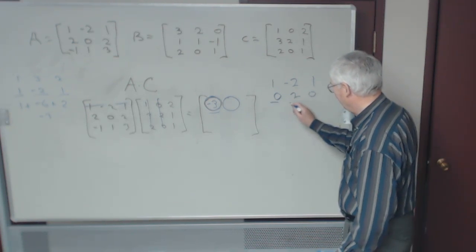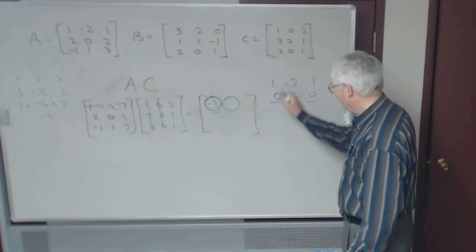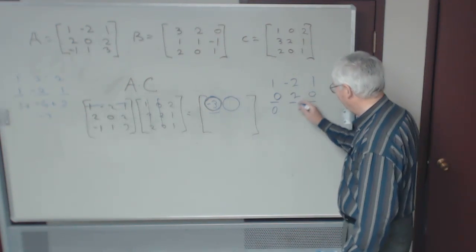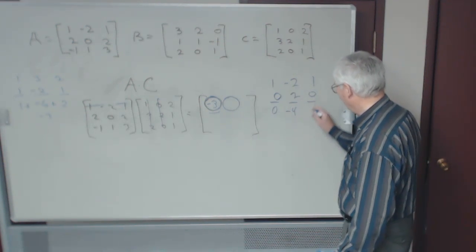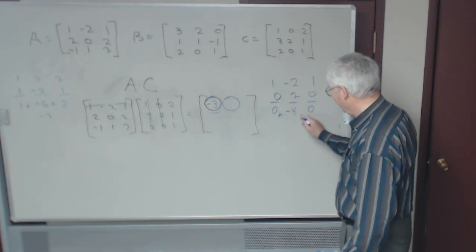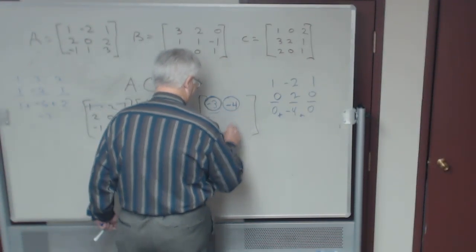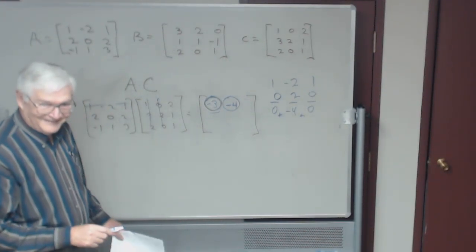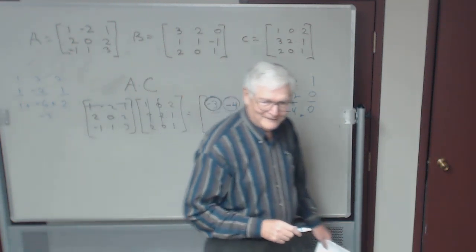And what do I do with those numbers? Multiply. 1 times 0 is 0. Negative 2 times 2 is negative 4, 0. And what do I do with those numbers? Add them together, and what goes here? How exciting.